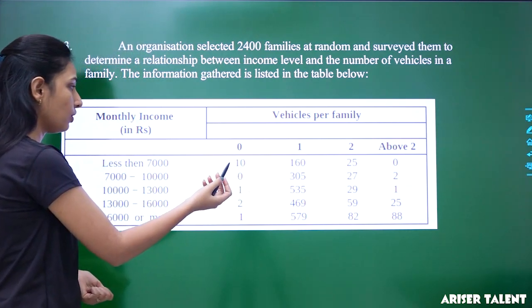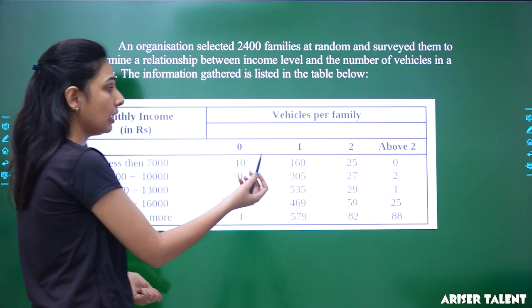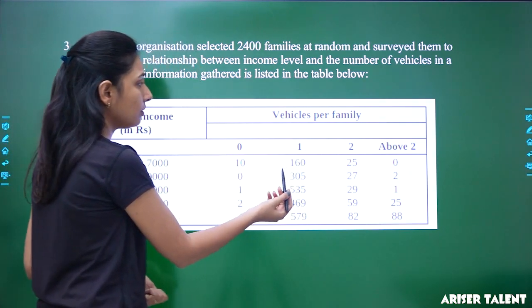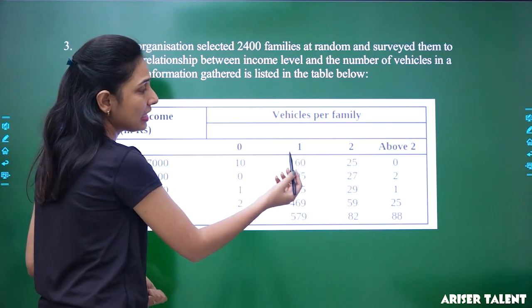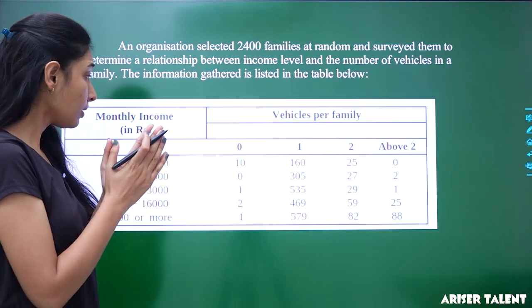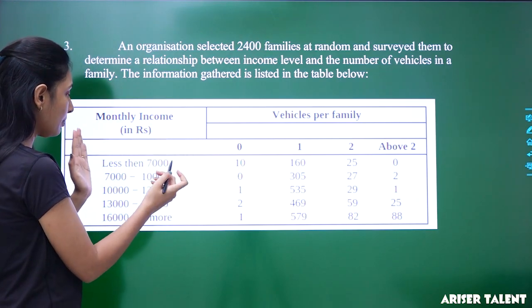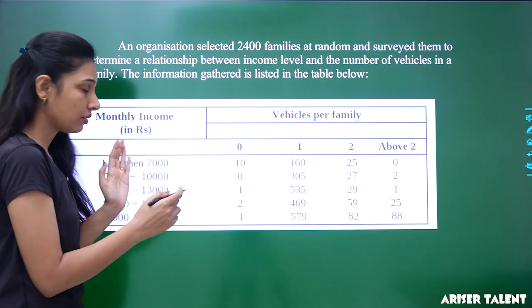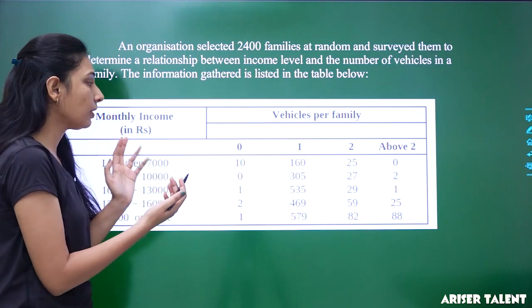0 vehicles for 10 families. One vehicle, 160 families are having, if their income is in rupees from 0 to 7,000.